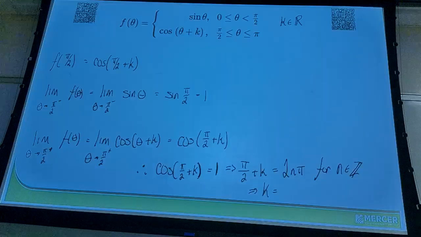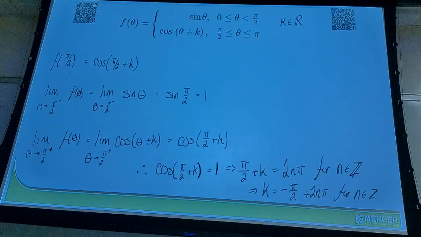So then what's k? K is 2n pi minus pi over 2. K would have to be any angle coterminal to negative pi over 2, which is why I wrote it that way.